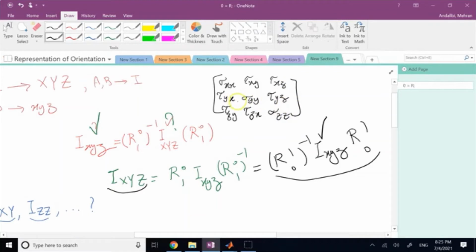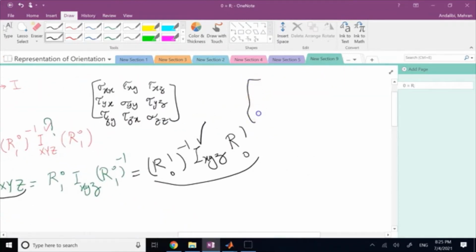So you can also transform your stress matrix from one frame to the other, and you can also do what? You can transform your strain, right? Epsilon xx, correct? Gamma xy, gamma xz, and then gamma yx, epsilon yy, gamma yz, and then gamma zx, gamma zy, and epsilon zz.